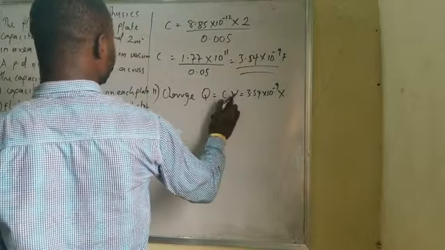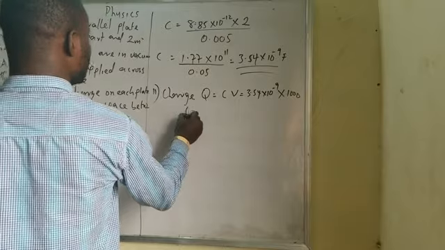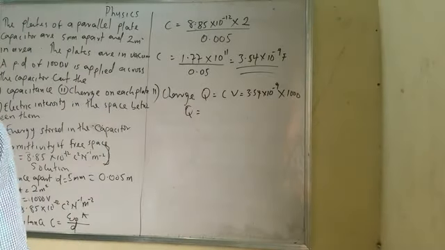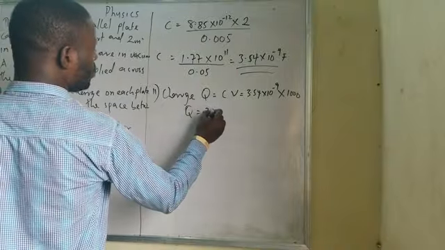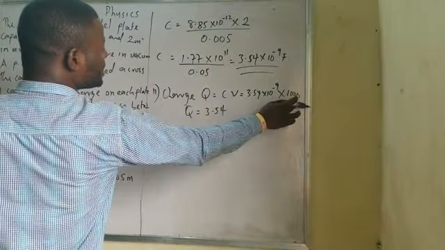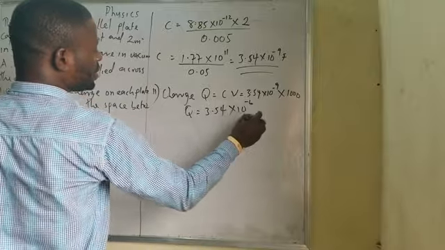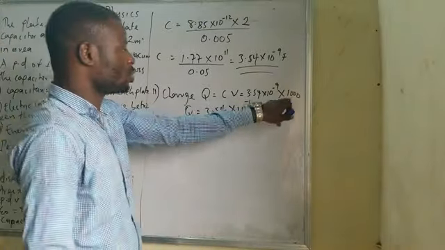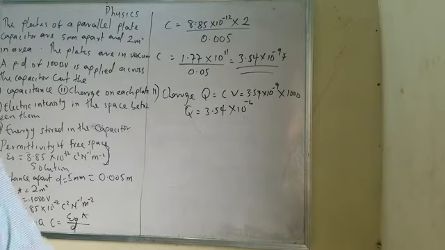What is my V? My V is 1000. So my charge will be equal to 3.54 multiplied by 10 raised to the power minus 6, it's a matter of indices. Okay, now that is my charge, in coulomb.